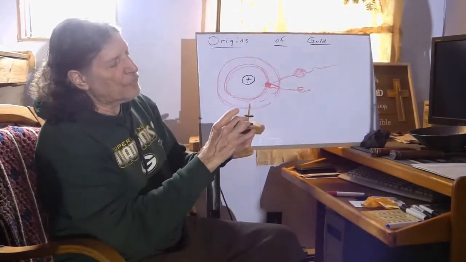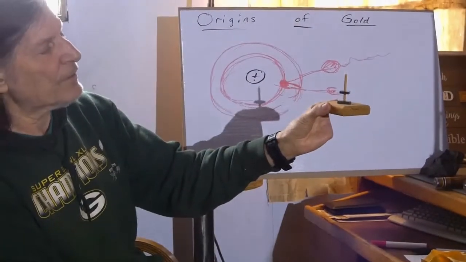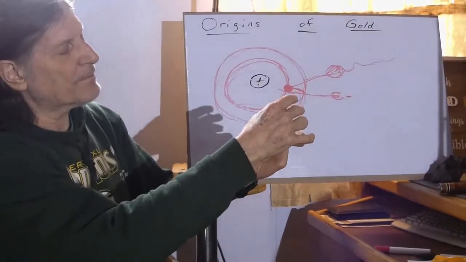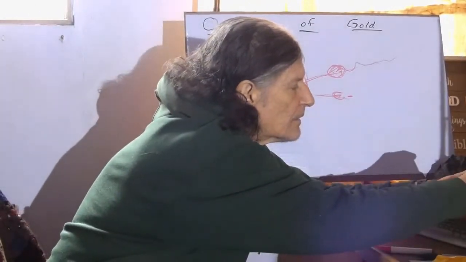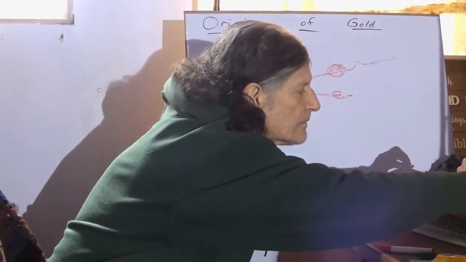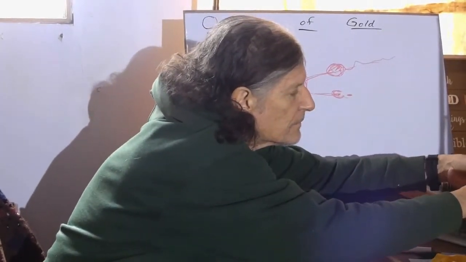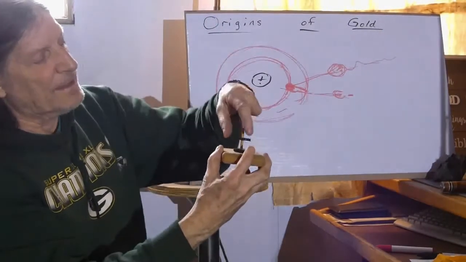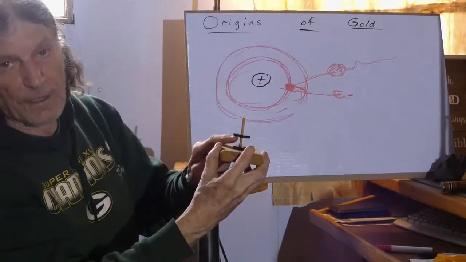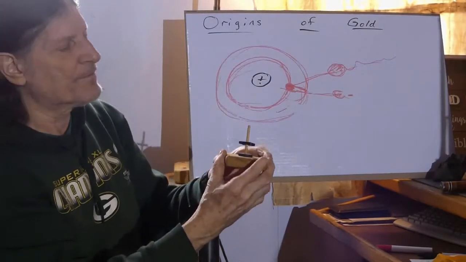If you have two positives facing each other, the magnets repel. Conversely, if you have two negatives facing each other, they repel. If you have a positive and a negative facing each other, they attract.